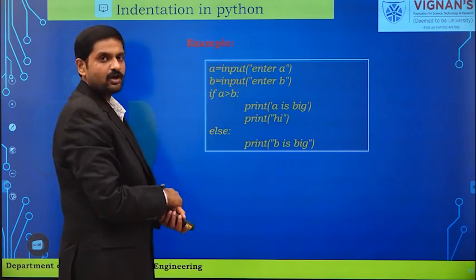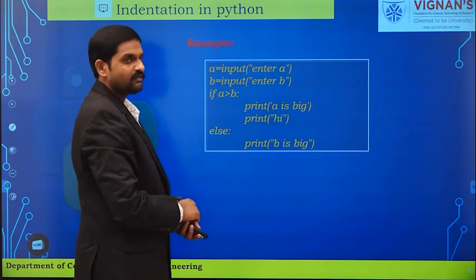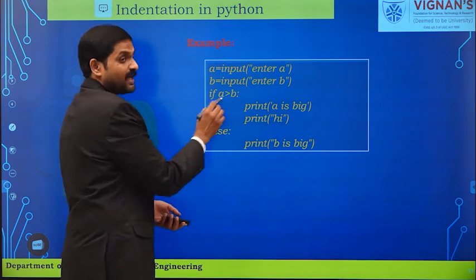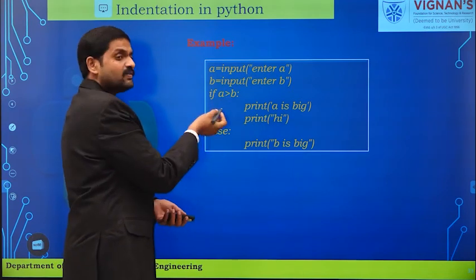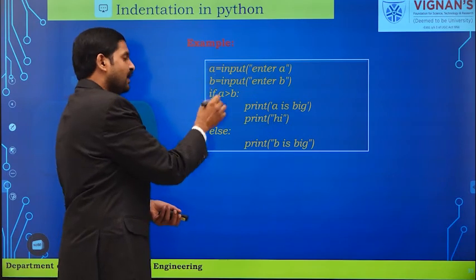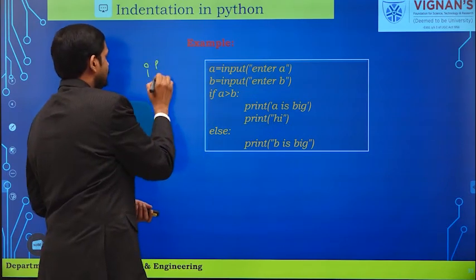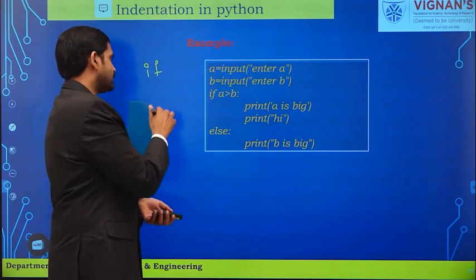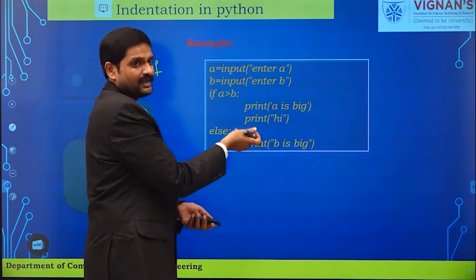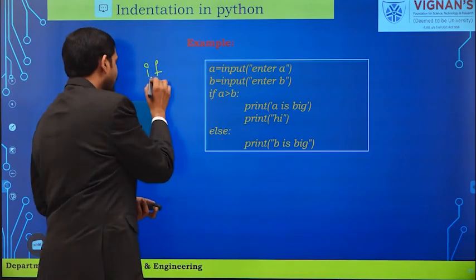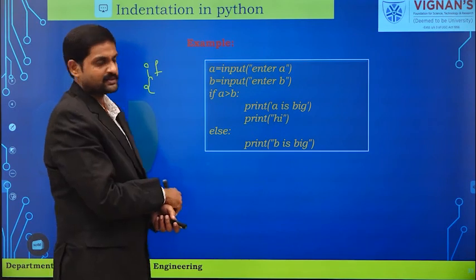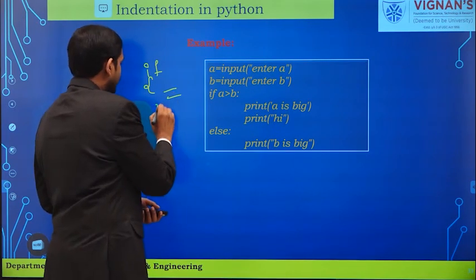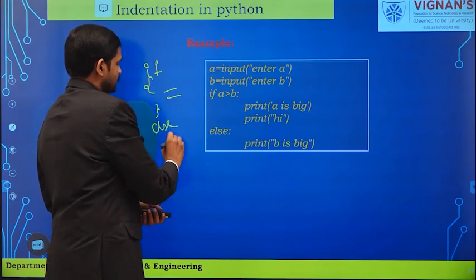A equal to input of enter A, B equal to input of enter B, if A greater than B. Okay, usually in C, you will take the brace after the if. If there are multiple lines, definitely you should take the braces and you will write the lines, else.